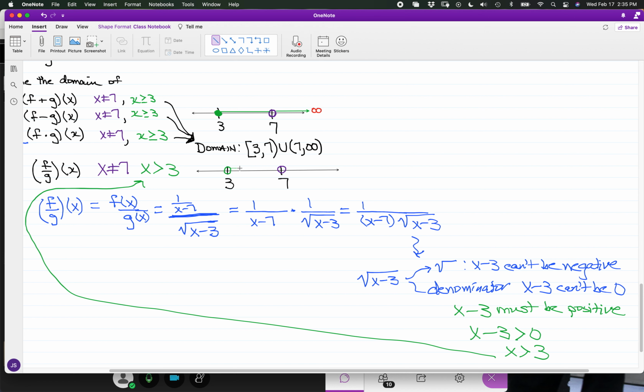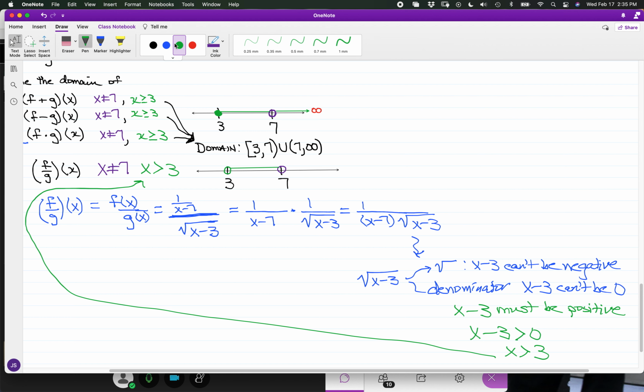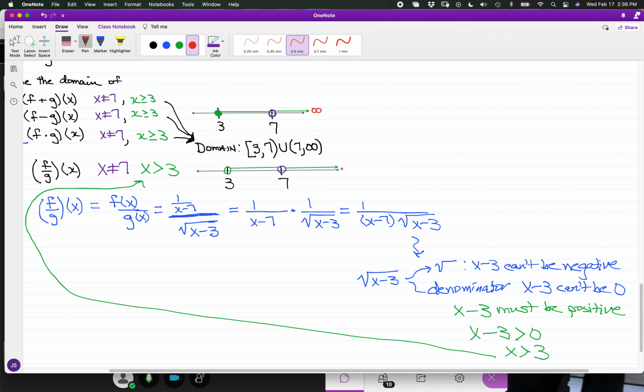So for x greater than 3, I'm going to start out with an arrow, proceeding to the right of the hole at 3. Then 7 is excluded, and we continue with an arrow going to the right, once again proceeding out toward infinity.